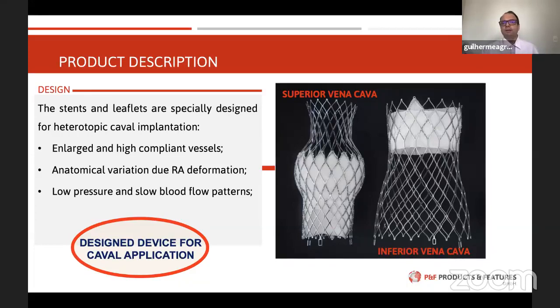We are not using aortic valves or other valves for caval application.